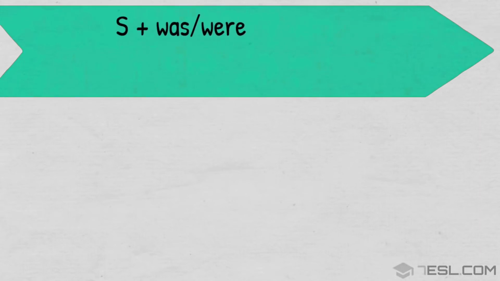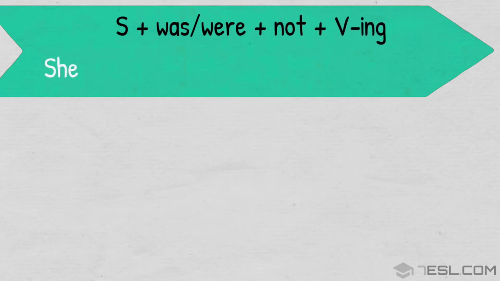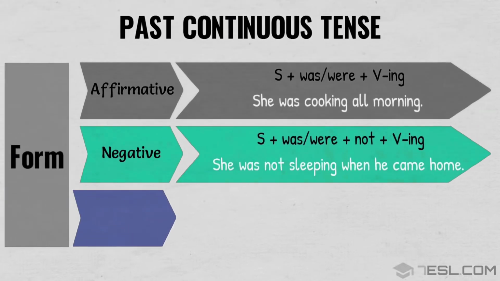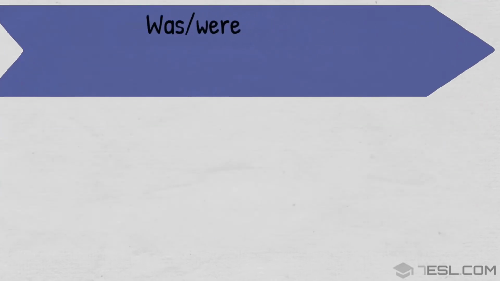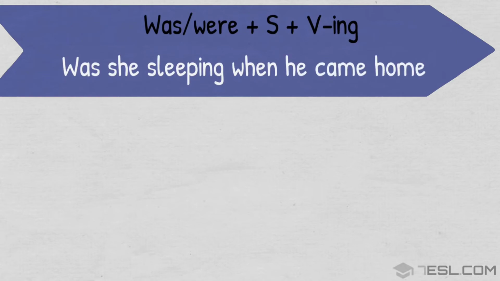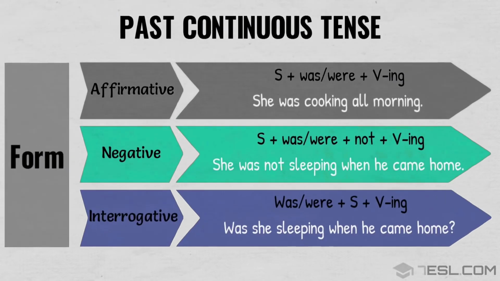Subject plus was or were plus not plus verb-ing. She was not sleeping when he came home. Interrogative. Was or were plus subject plus verb-ing. Was she sleeping when he came home?